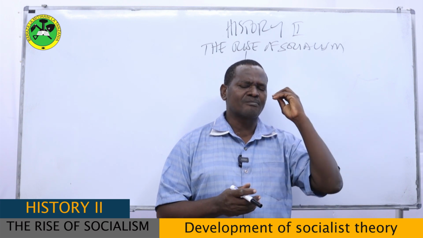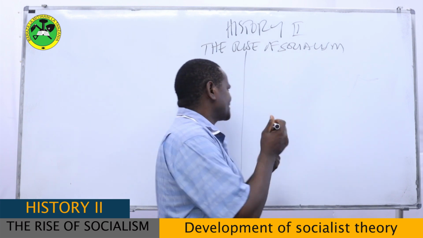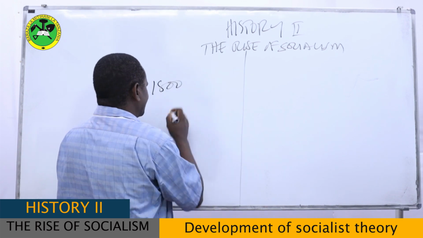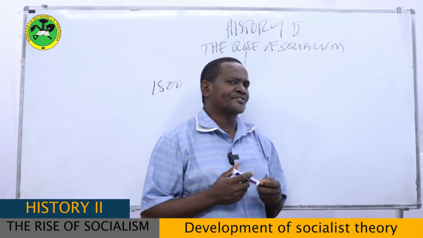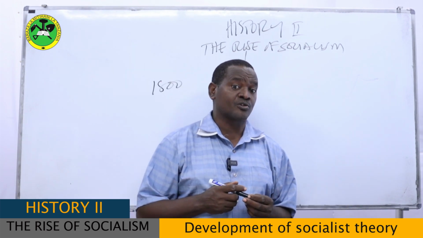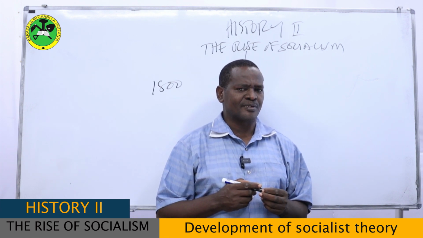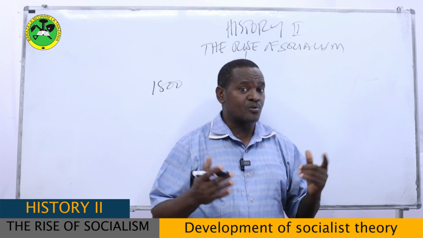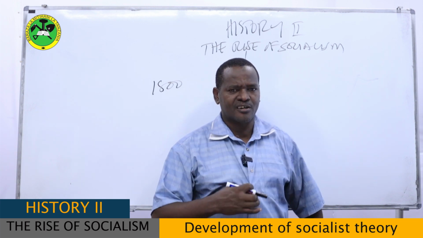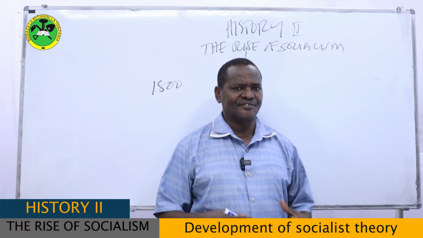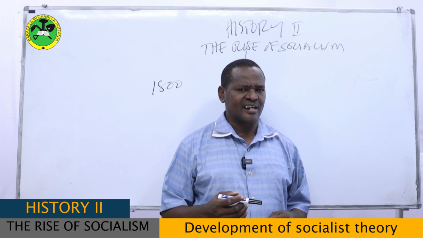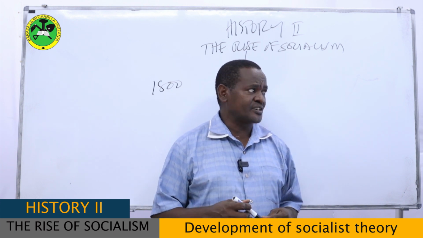Remember, even when you look back, the word socialism, we said, started to be used in the 1800s. And the people who started to use this word were the utopian socialists. Though they did not refer to themselves as utopian socialists, it's people who called them utopian socialists because of their idealistic views and so on.